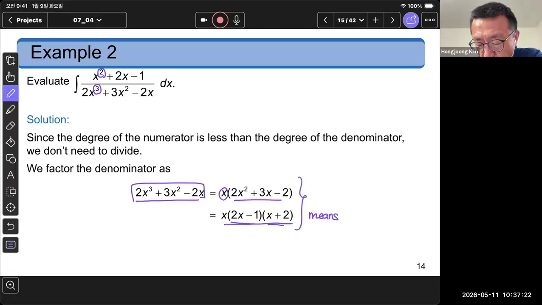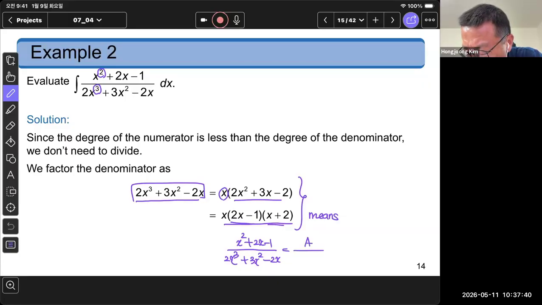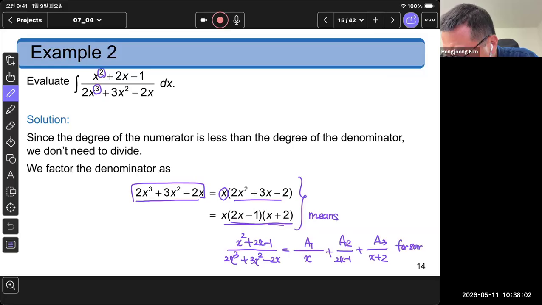That means your integrand, x squared plus 2x minus 1 over 2x cubed plus 3x squared minus 2x, will be written as A1 over x plus A2 over 2x minus 1 plus A3 over x plus 2, for some A1, A2, and A3.